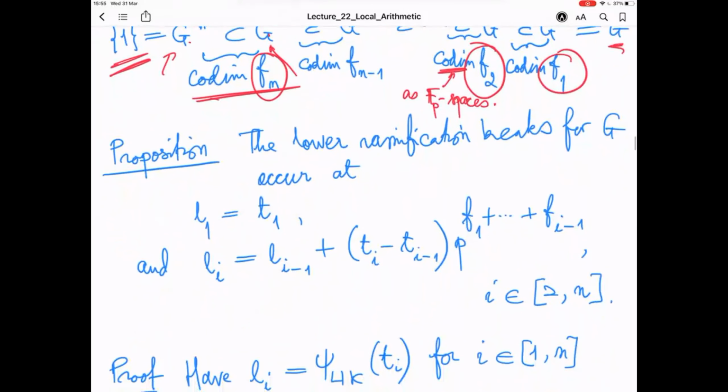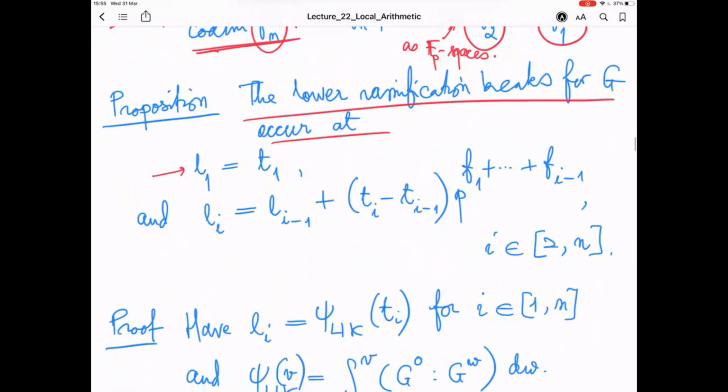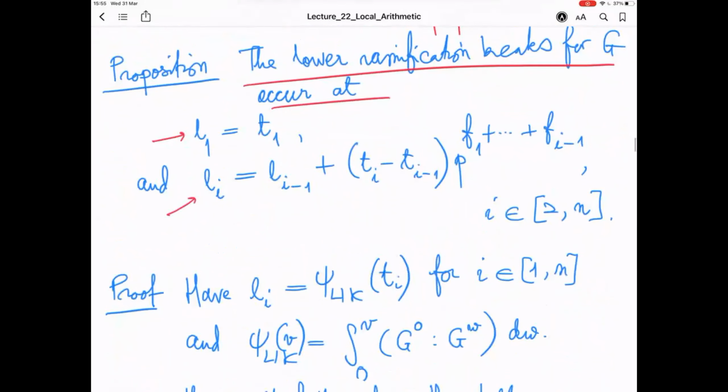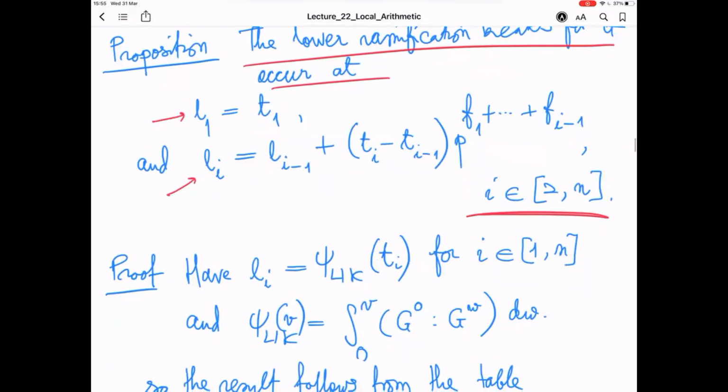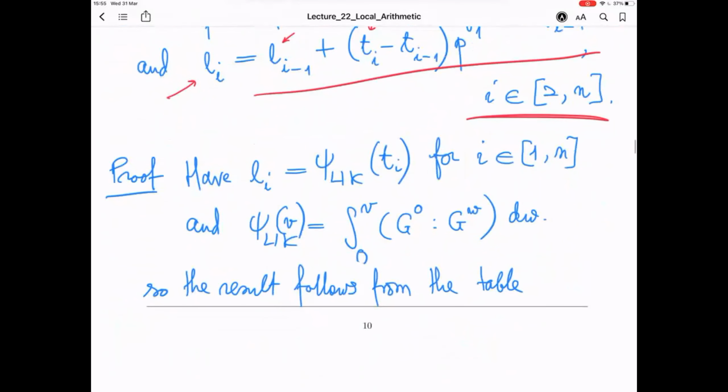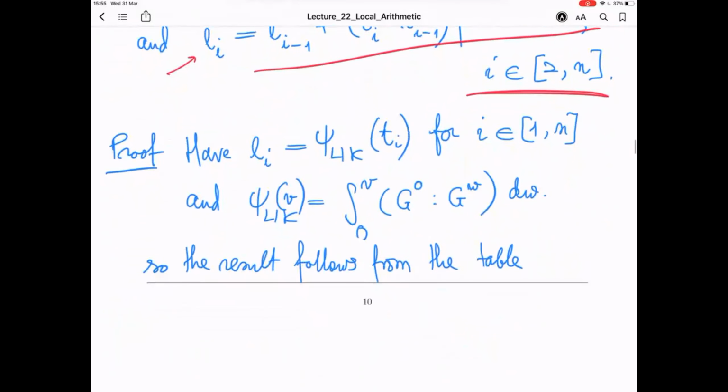So the proposition says the lower ramification breaks of G occur at l_1, which is the same as t_1, but the l_i for i going from 2 to n are given by this formula, recursively in terms of the t_i and the f_i. It's just a computation, because by definition, if you know the upper breaks, then the lower ones are given by the function psi_{L/K}.